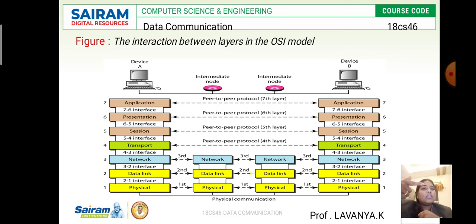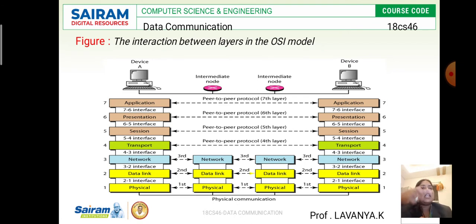Okay, the sender sends the data to the receiver. After some amount of time, the receiver also sends the acknowledgement back to the sender. So this is the half duplex. The full duplex is bidirectional communication.